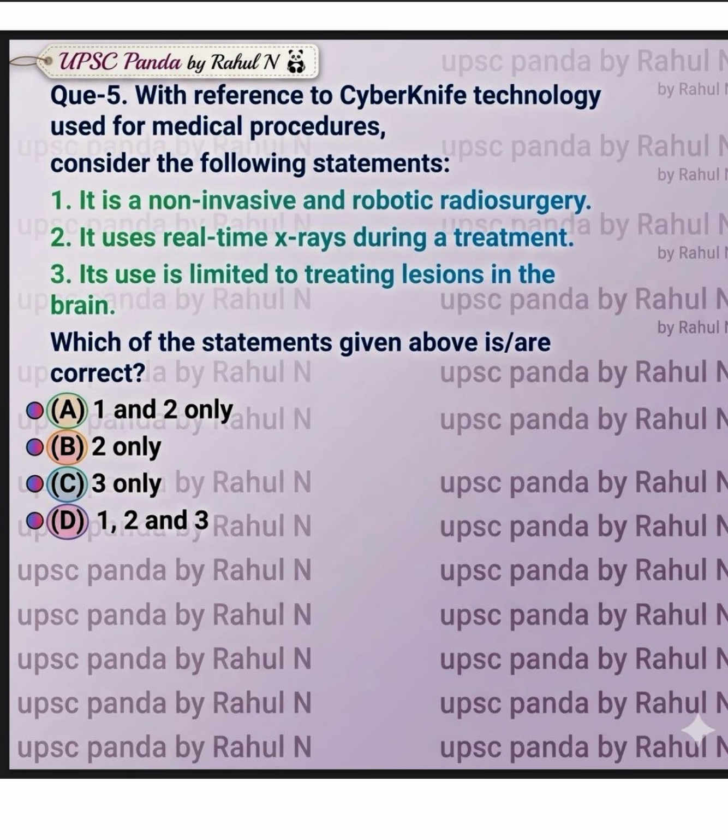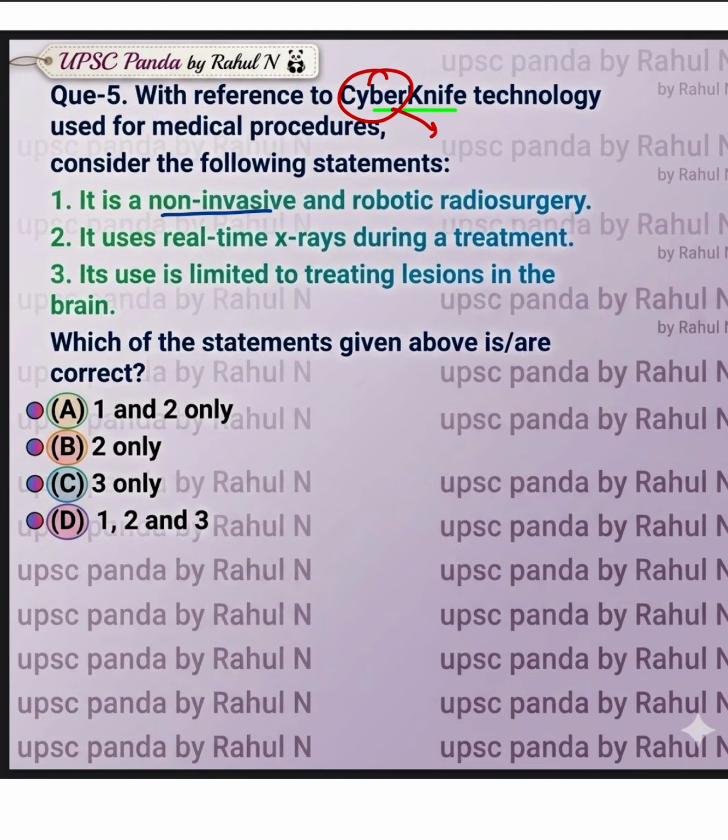Is the cyber knife technology used for medical procedures? Consider the following statements. So it is a non-invasive and robotic radio surgery. So cyber knife पे question है. Just listen.